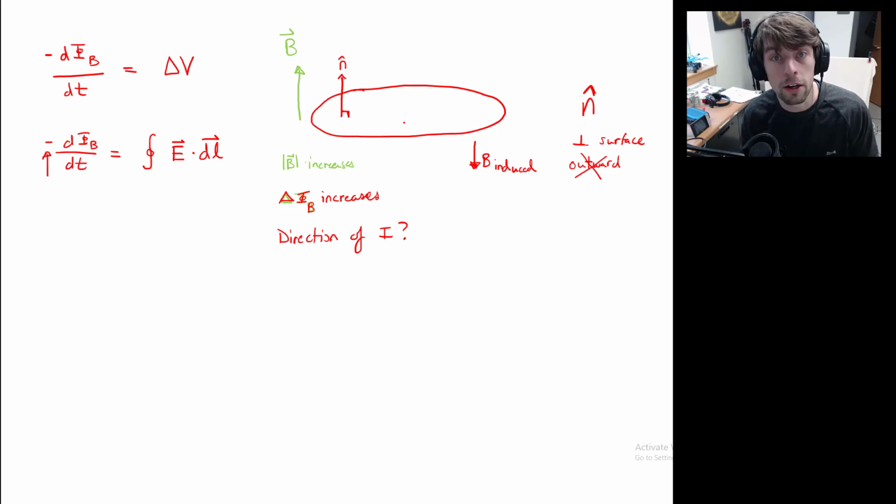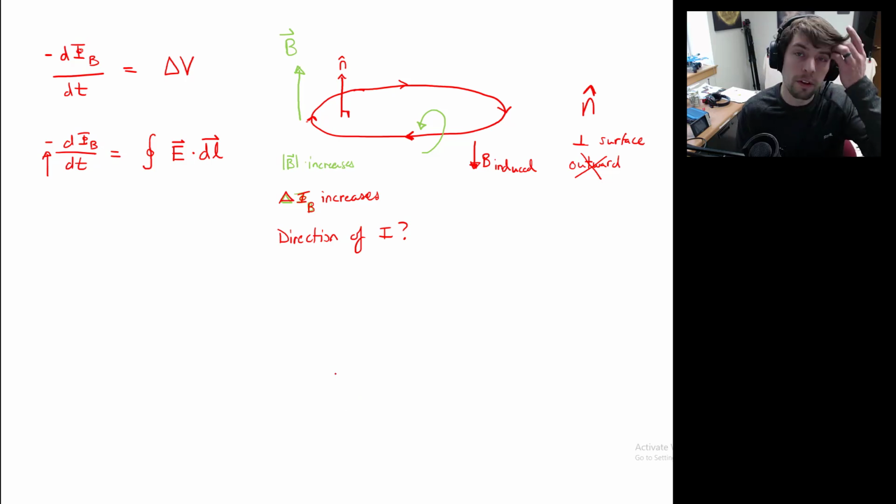Well, that requires the current to be running this way on the front side of the wire, so that when I grab it, I'll draw it in real fast, grab it with my thumb going in the direction of the induced current inside the loop, the induced field is going down. Similarly on the back side, and you can check this, but of course once you have the direction for one piece, you have the direction for the entire wire.